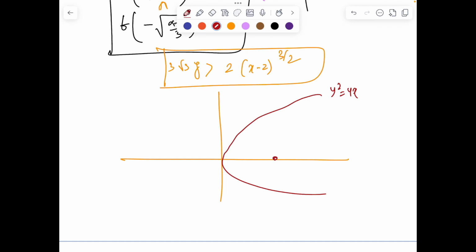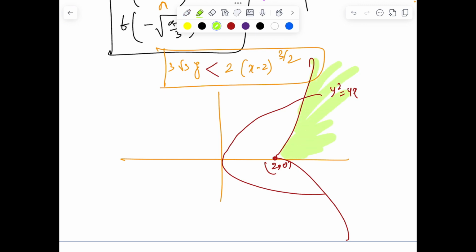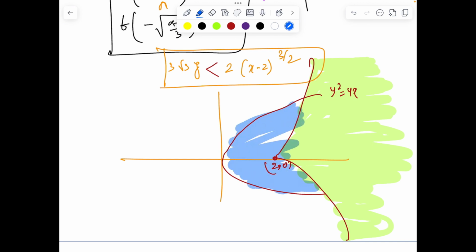This curve starts at 2, and if we do it exactly, we'll get a curve like this. So now for any value of x, if the y coordinate is less than this, then from this region, if I draw any normal, I'll get exactly 3 distinct normals.